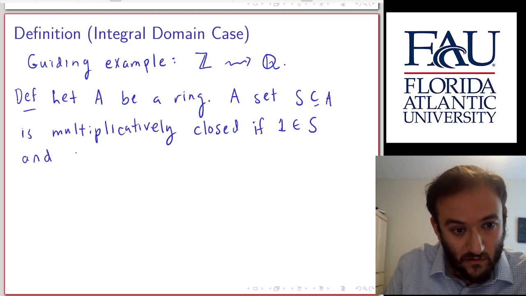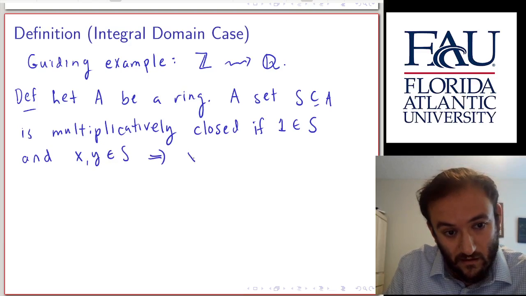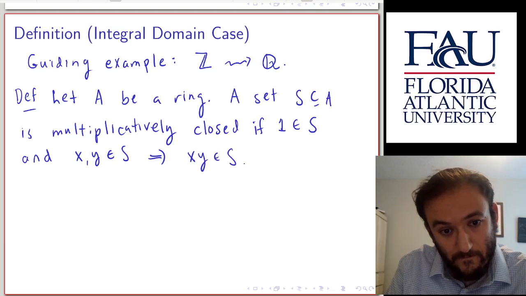So x and y in S implies xy is in S. Okay?